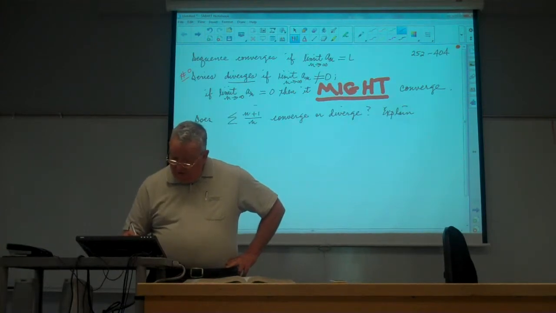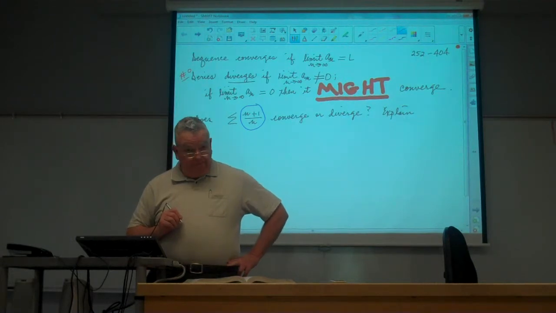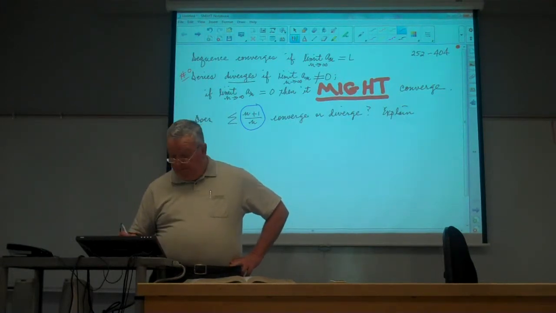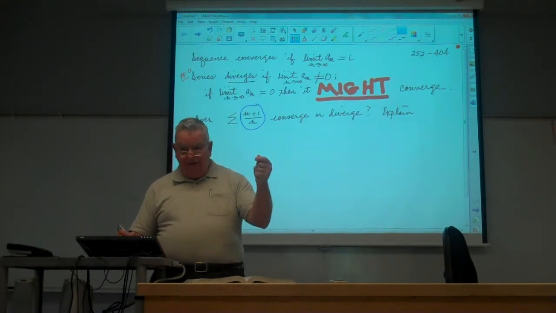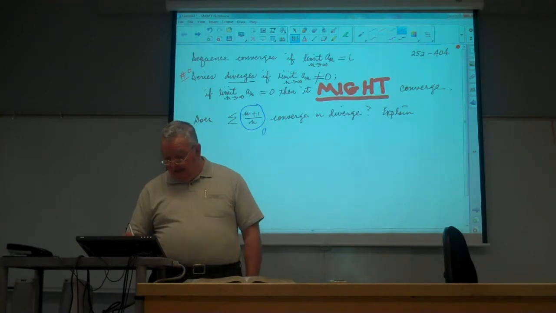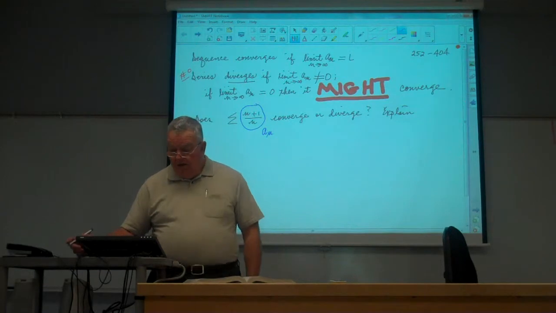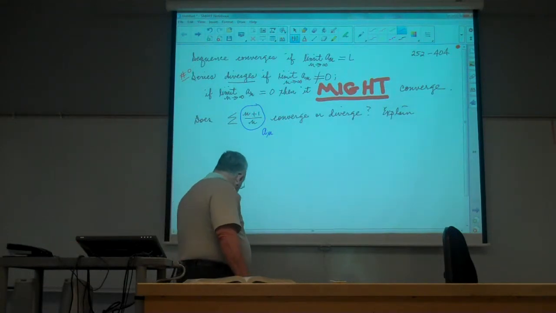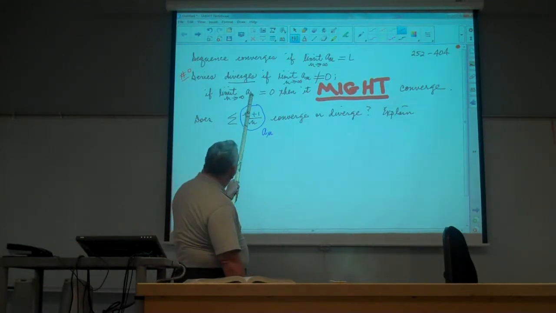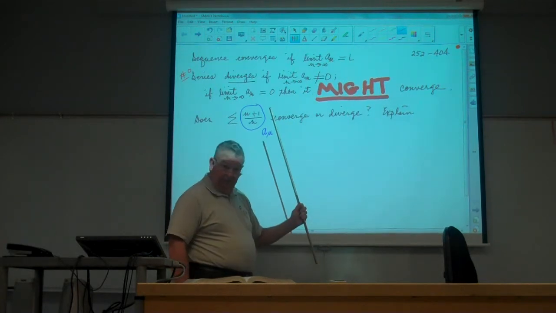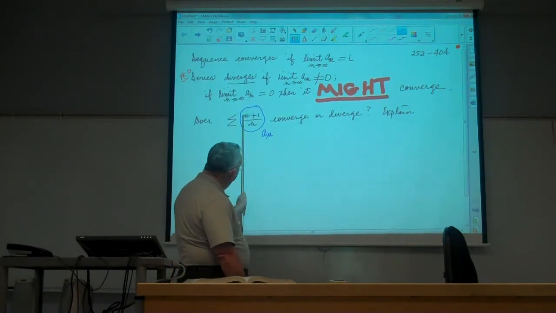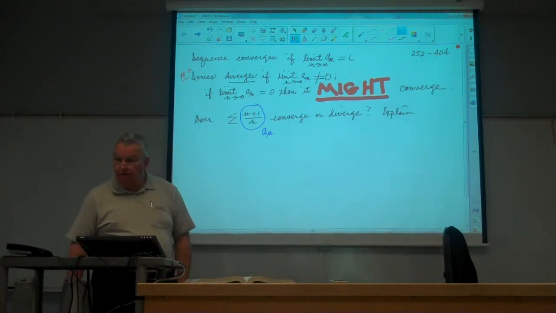Let me just remind you that what I have circled is what? I thought I might need to remind you that you're supposed to say it that fast. That is A sub n. Up here, when I talk about A sub n, I'm talking about whatever's inside the summation.